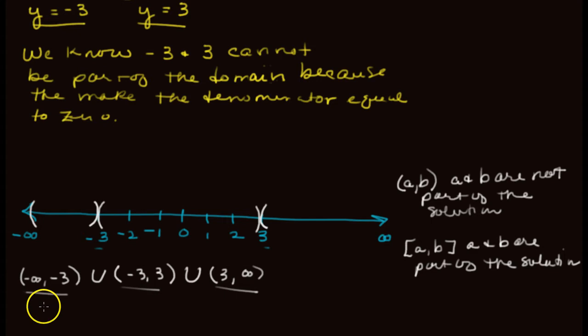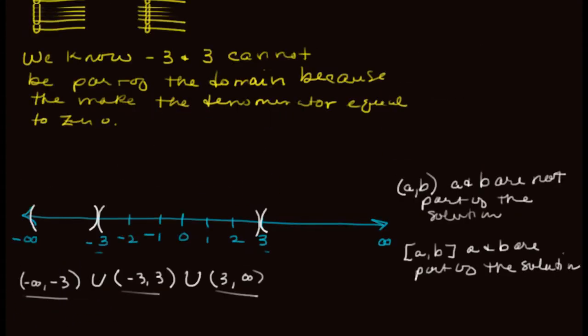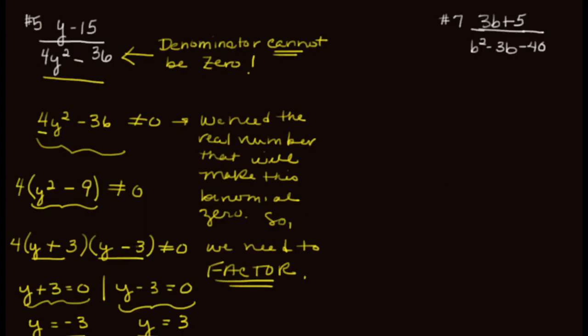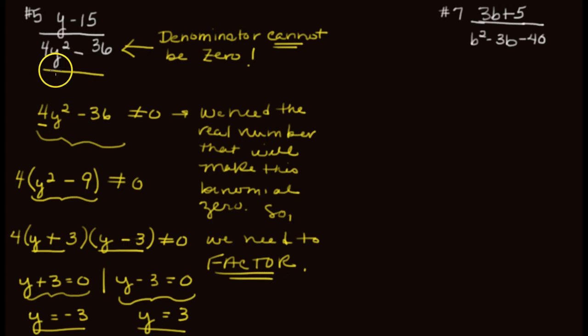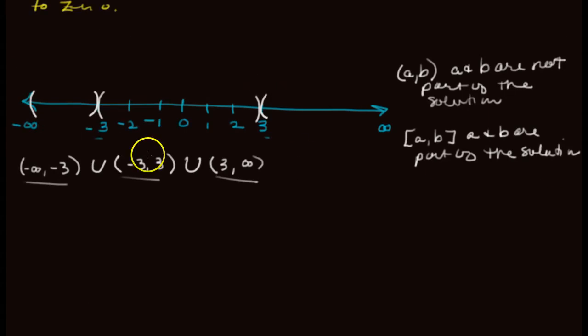Okay, and since we've got 3 different intervals here, we can join them together by using our union symbol, right? So the domain for this particular rational function is going to be from -infinity to -3, and from -3 to +3, and from +3 to +infinity, not including -3, not including +3, okay?